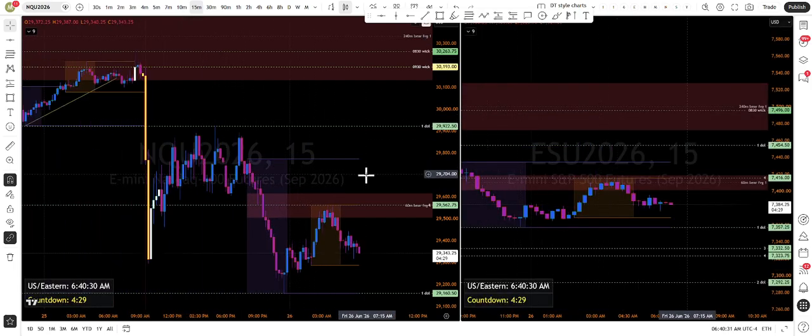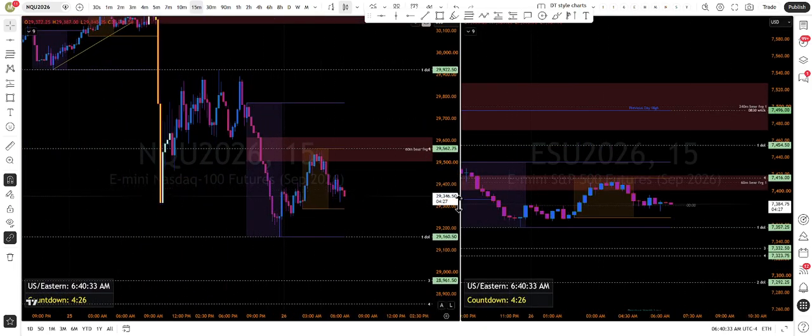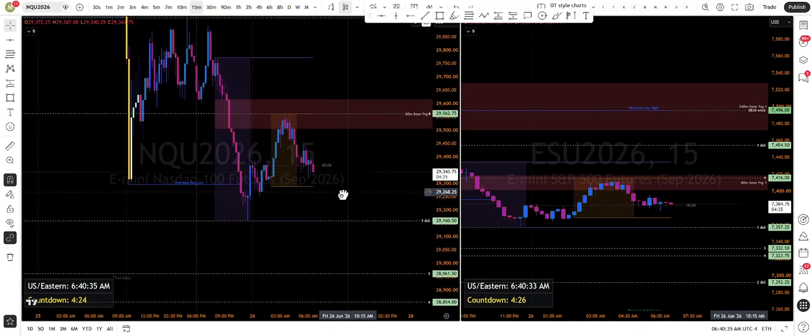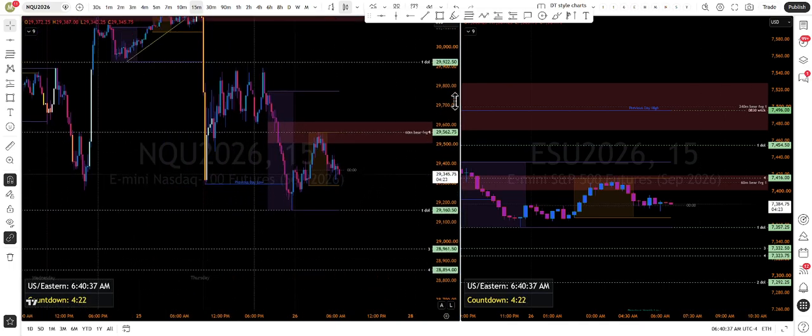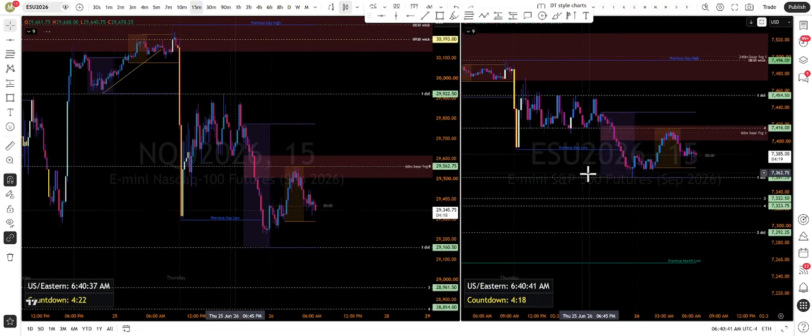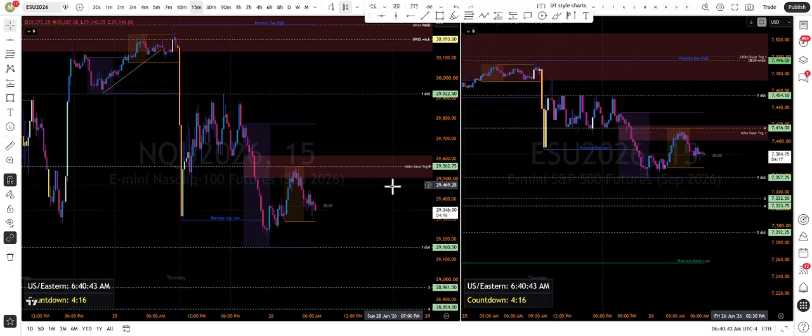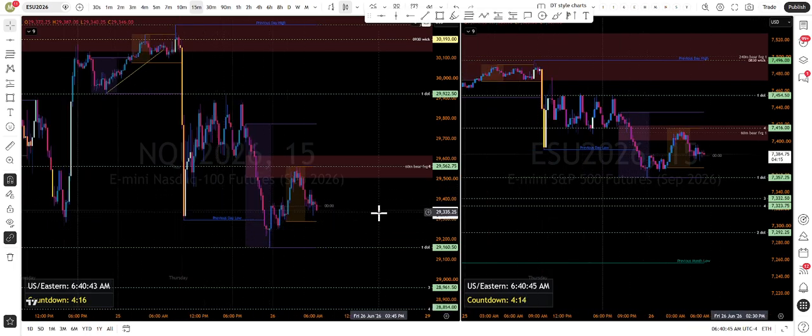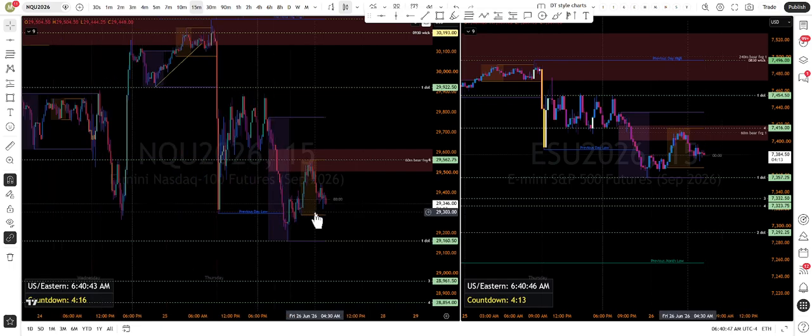So let's come to the 15 minutes, see if we see any type of trend line liquidity. No, I don't see any.